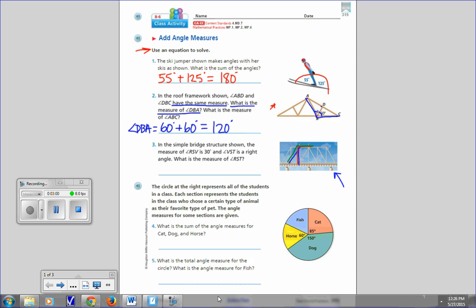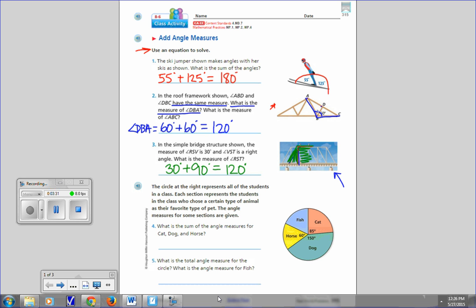So if we know this first angle right here is 30 degrees, we're going to add it to our right angle. How many degrees is the angle? 120 degrees. This is where you're going to see when you're an architect or architects a lot. You're going to use angles a lot of the time because that's what you're using in your designs and your infrastructures.